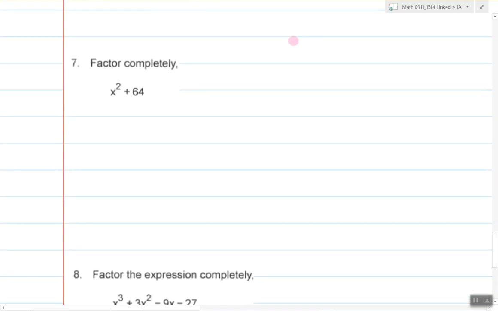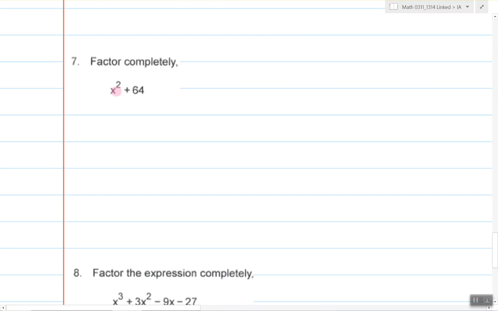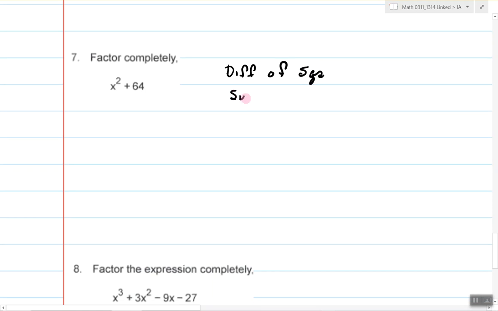Number 7. There is no GCF, but it's a binomial. So we only know 3 kinds of binomials to factor. We have difference of squares. We have sum of cubes.